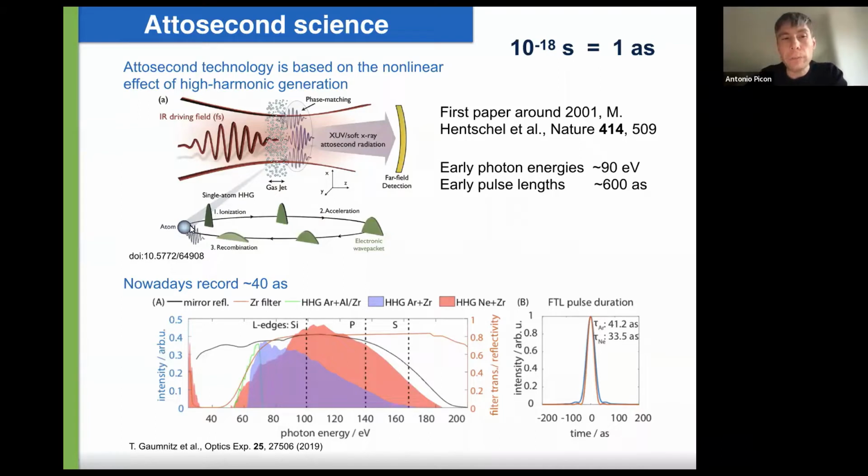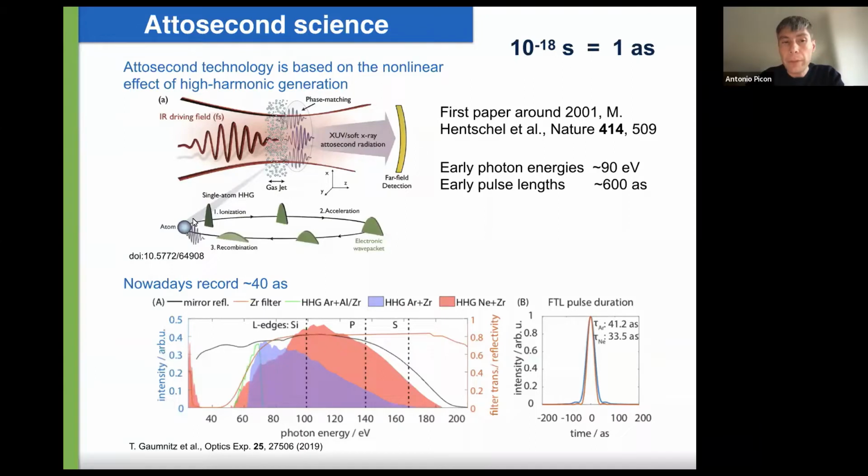This is the scheme that people usually use to explain the phenomenon of high harmonic generation. First, the laser is intense enough to bend the atomic potential, so the electron wave packet can be ionized. This electron wave packet is going to be driven back and forth by the same infrared pulse. At some point, it's going to get close to the atom, and there is a certain probability that it will recombine.